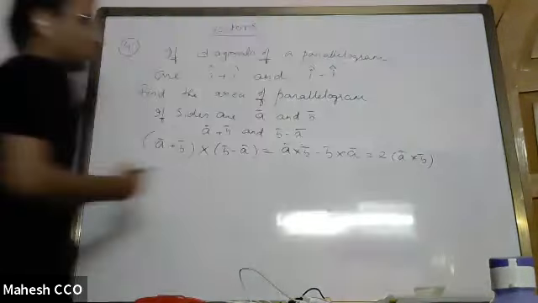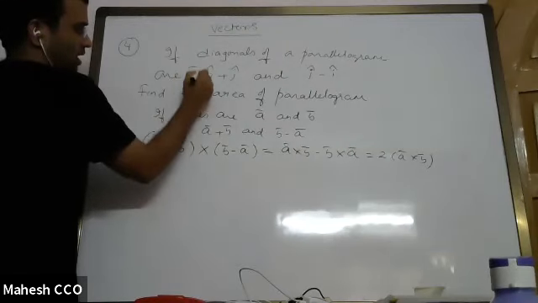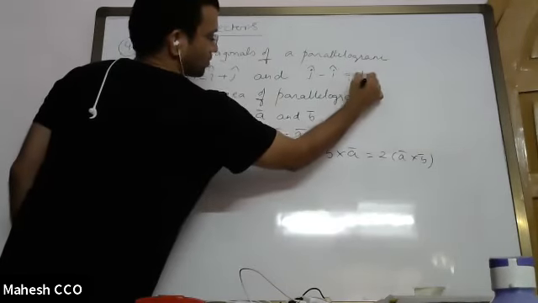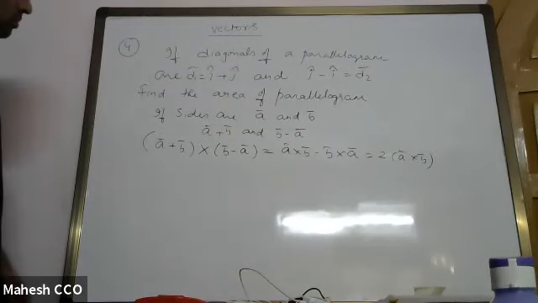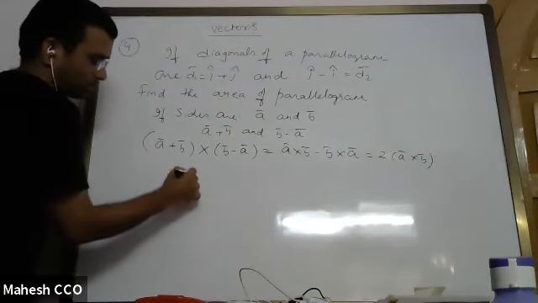So basically if the diagonals of the parallelogram D1 bar and D2 bar are given, the area of the parallelogram will be half times the magnitude of D1 bar cross D2 bar.